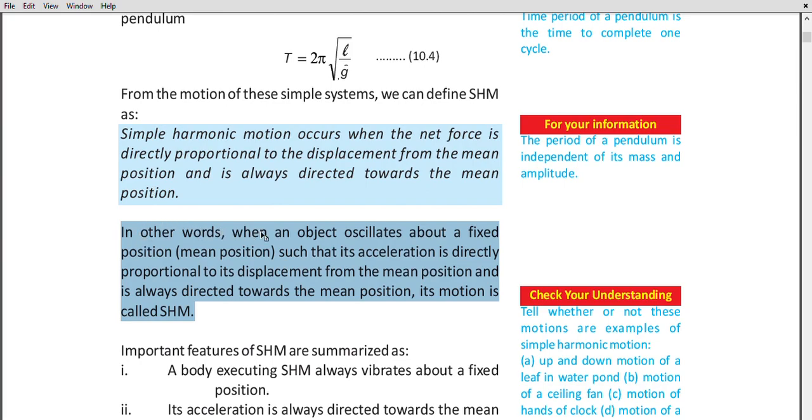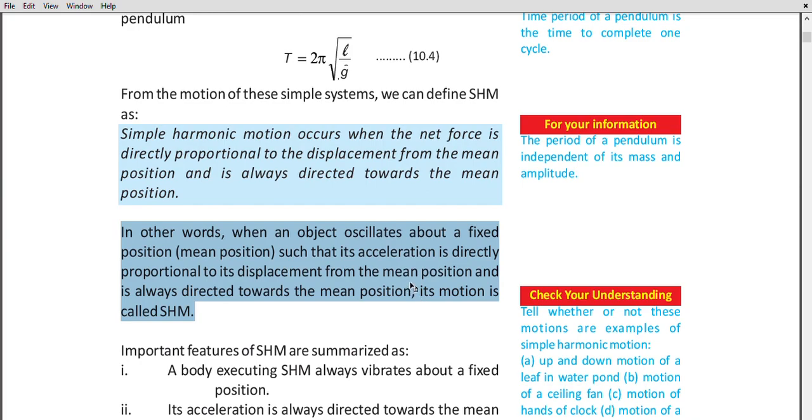It says, in other words, when an object oscillates about a fixed position or mean position such that its acceleration is directly proportional to its displacement. In place of net force, we can write acceleration. In mathematical form, acceleration is proportional to its displacement from the mean position and is always directed towards the mean position.